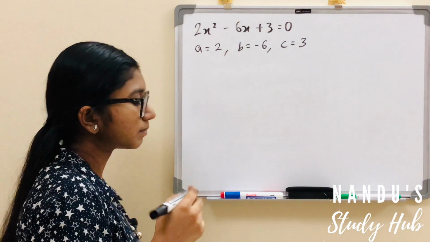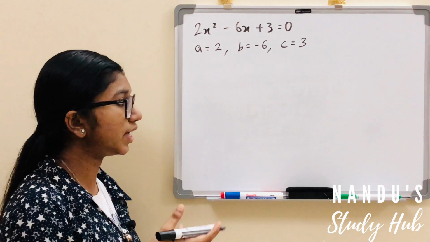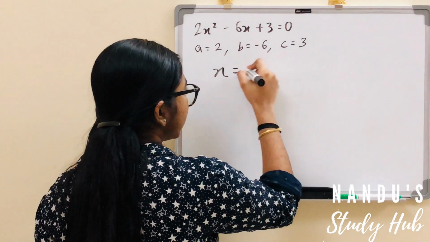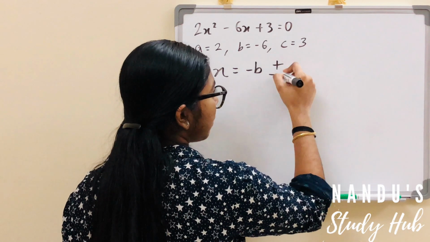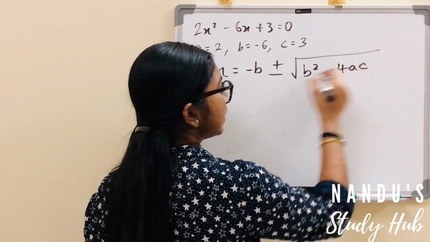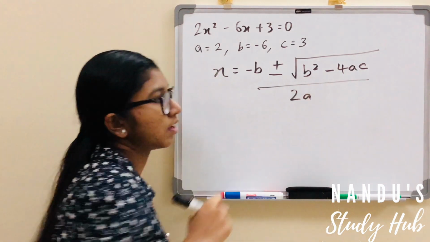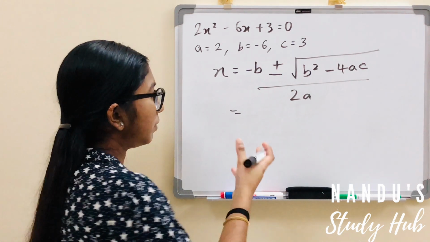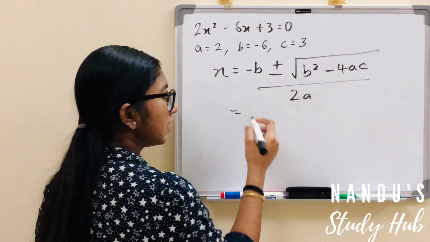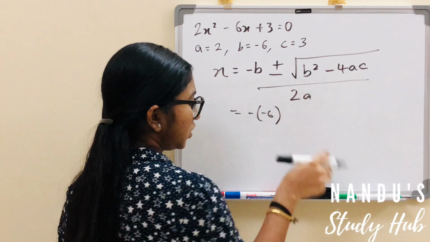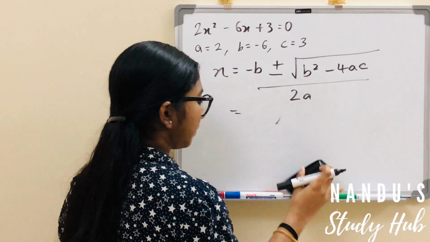The equation that we are going to use here is the quadratic formula, which is x is equal to minus b plus or minus root of b square minus 4ac by 2a. Again, as we did before, we can substitute the numbers. Minus b will be minus of minus 6, which is nothing but plus 6.